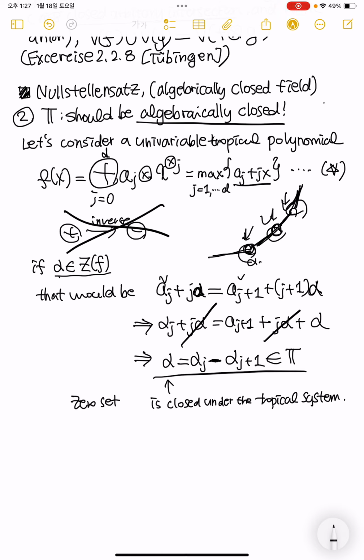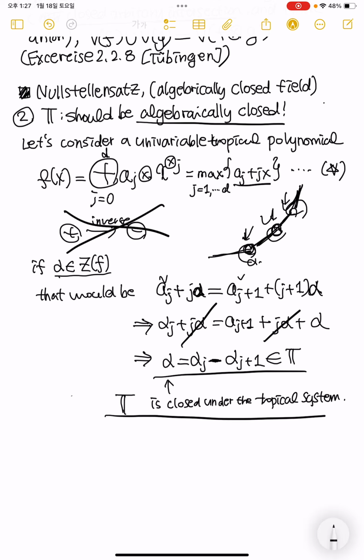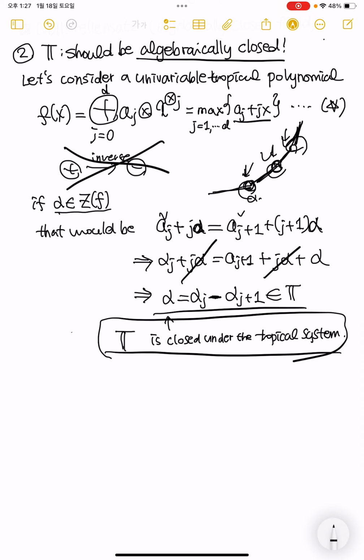So the zero set alpha T is closed under the tropical system, and I will not explain in detail.